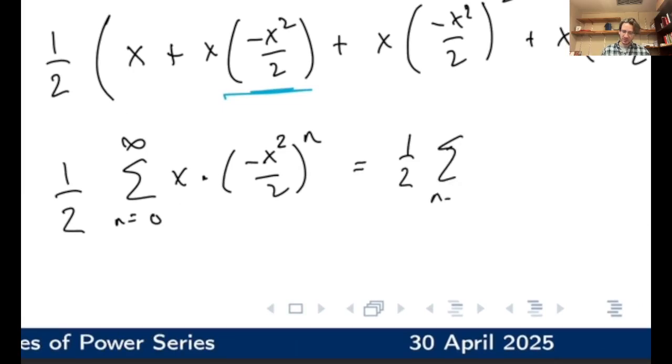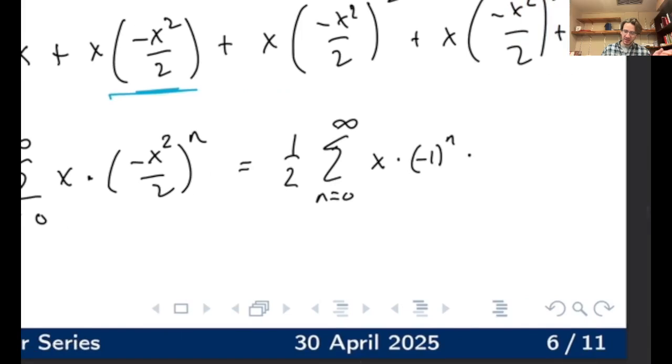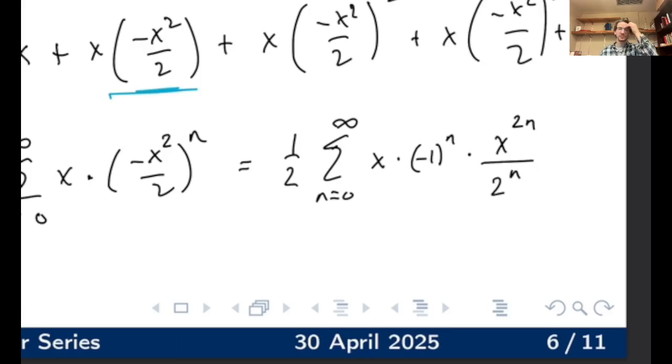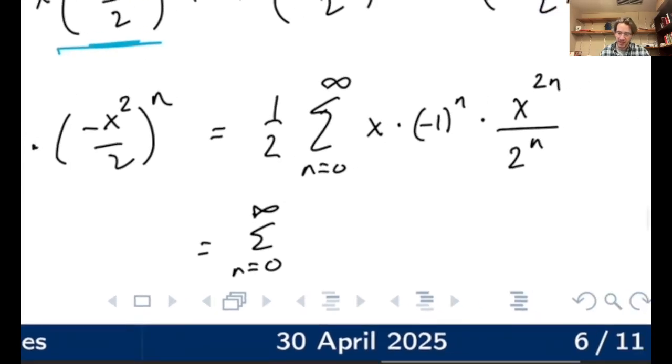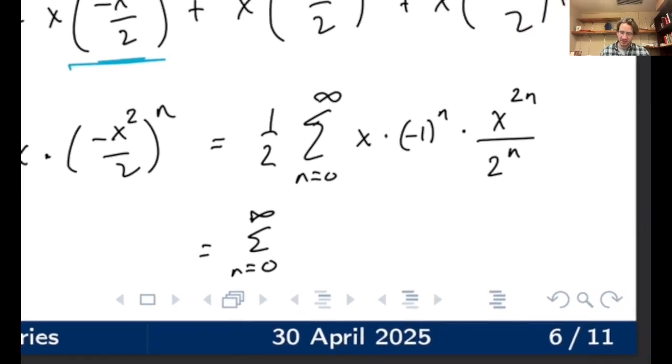This is 1/2 times the sum n equals 0 to infinity of x times minus 1. This is minus 1 times x squared, so I get a minus 1 to the n times, and then x squared to the n is x to the 2n, and I have a divided by 2 to the n. Putting everything in the summation and simplifying, I'll combine my x's.